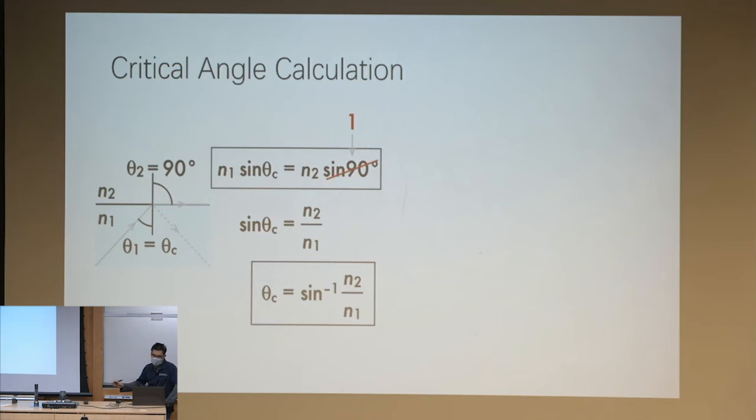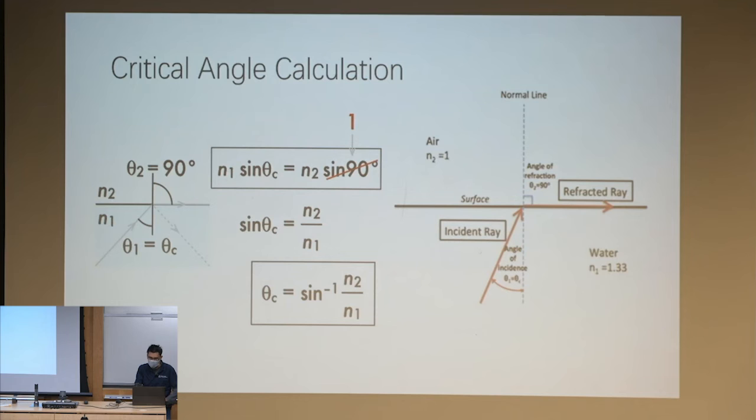Vice versa, when we shine a light from a more dense material to a less dense material, based on the critical angle, which is 90 degrees, we know the sine of 90 degrees is 1, so we can use this formula to calculate the critical angle. Another practice is like that.